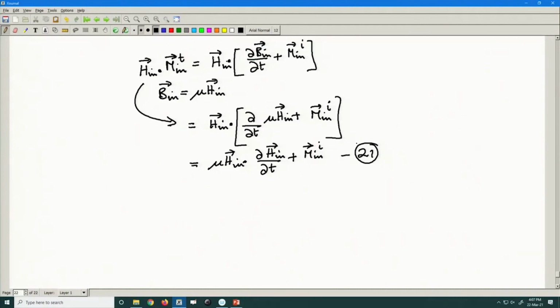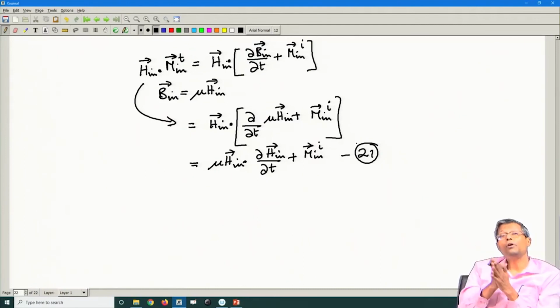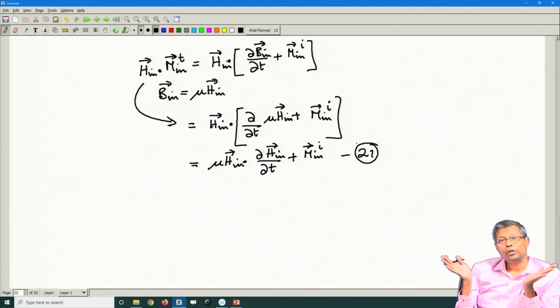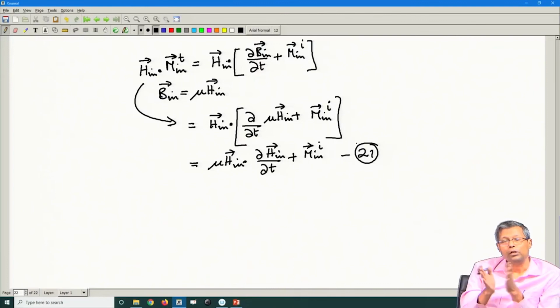So, now we have all the ingredients to write the original vector identity in terms of quantities which relate to the stored energy density, the ohmic loss term, the impressed power and the power flow terms.